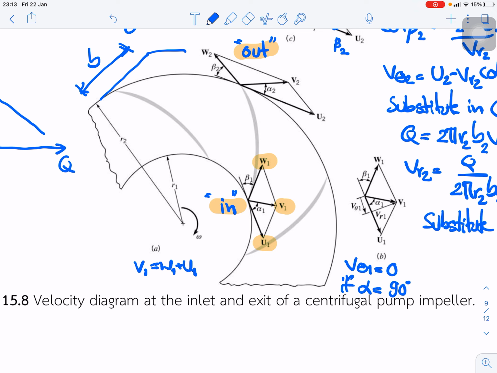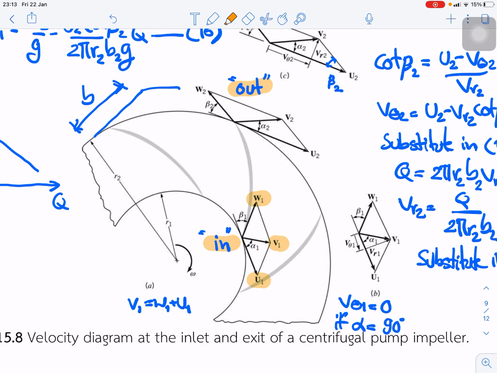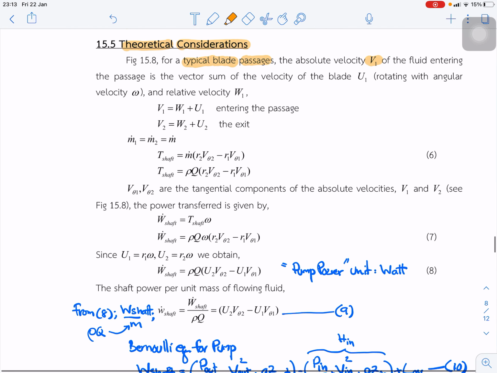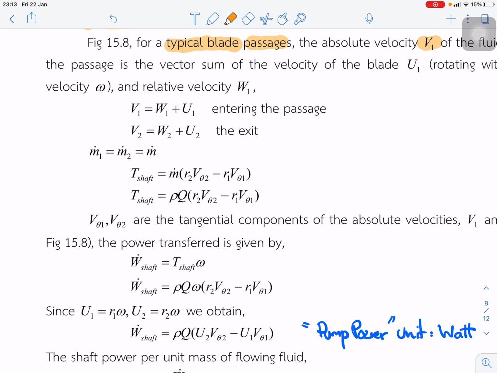This is the equation for entering the pump, and the other end is the same. There is V2, U2, and W2, and you can write the same equation. So we move back to the equation of V1, V2.